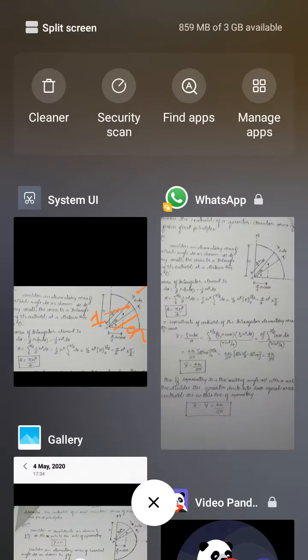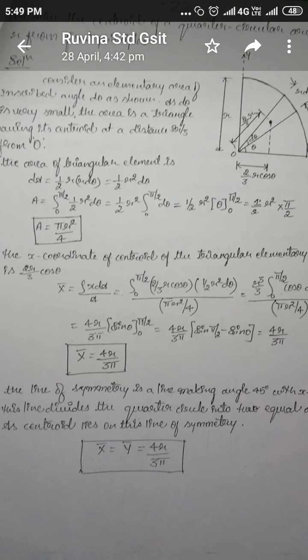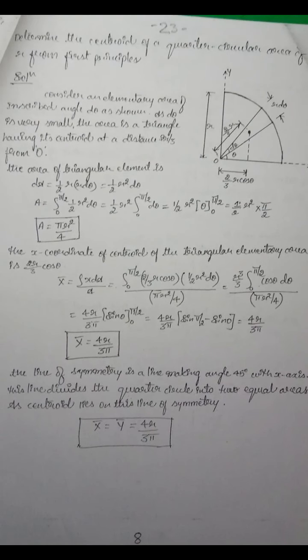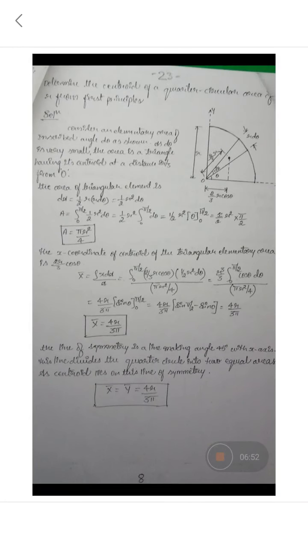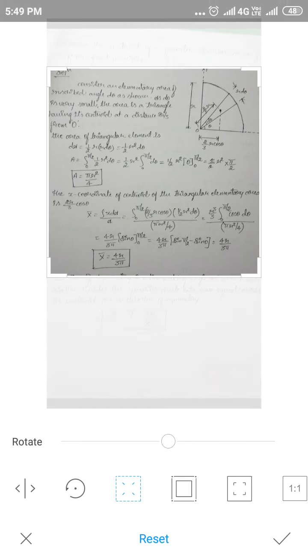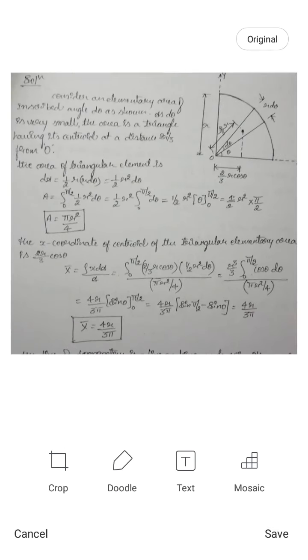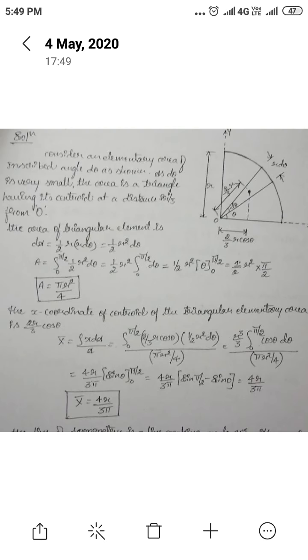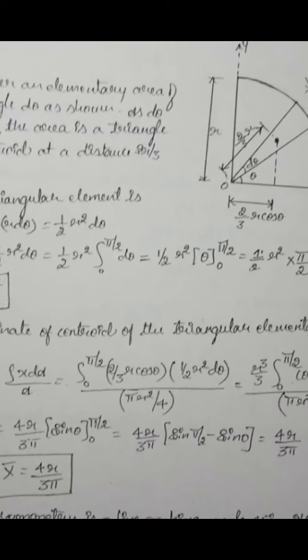As I said previously, for x bar, you use the general formula: x bar is equal to integration of x into dA divided by area. You have to use it here: x into dA divided by area. This is the general formula.